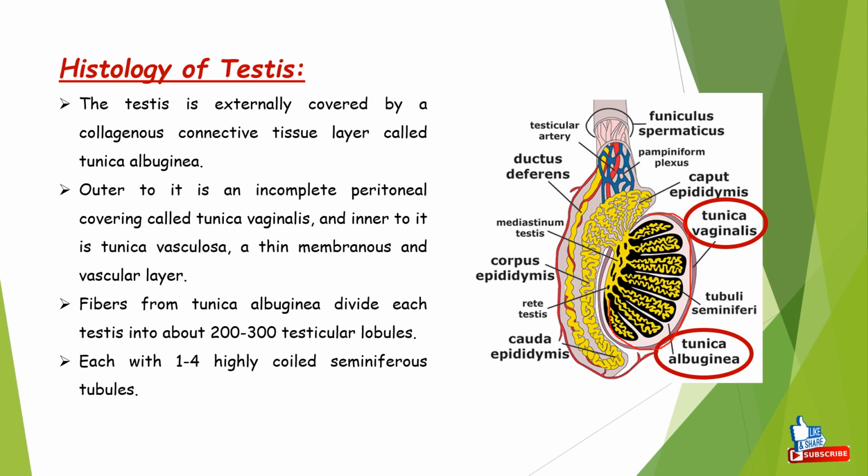Outer to it is an incomplete covering called the tunica vaginalis. This is a thin membranous and vascular layer. Fibers from the tunica albuginea divide each testis into about 200 to 300 testicular lobules. This we will see in detail.